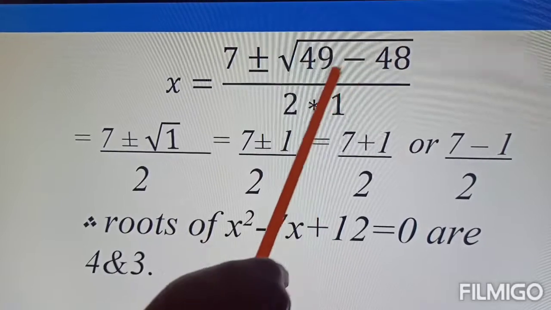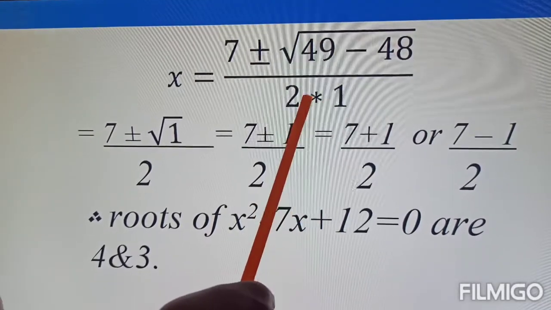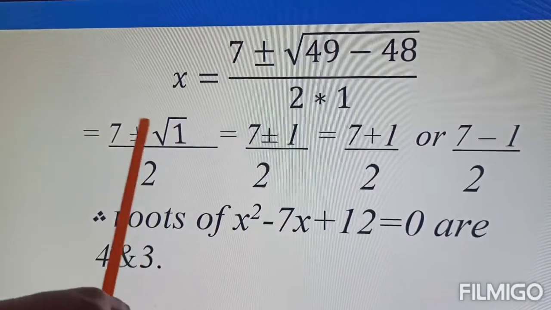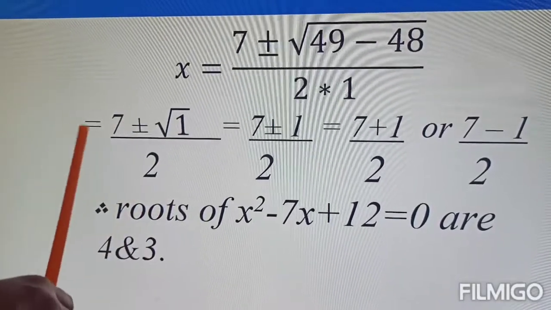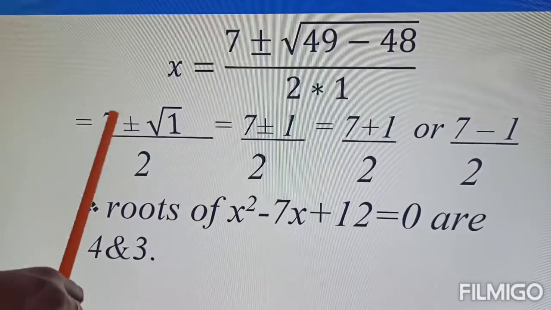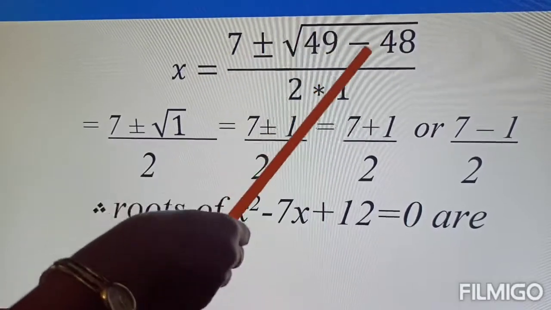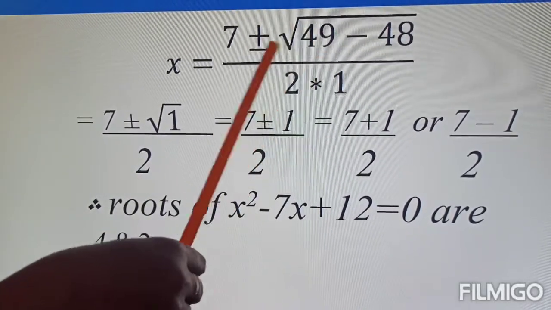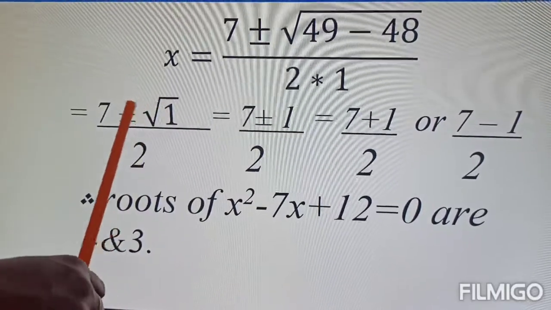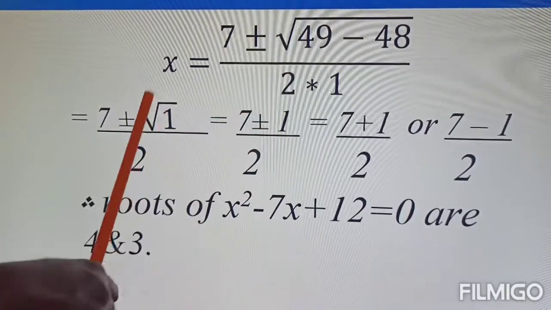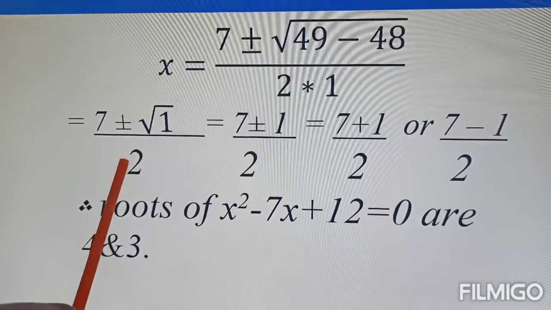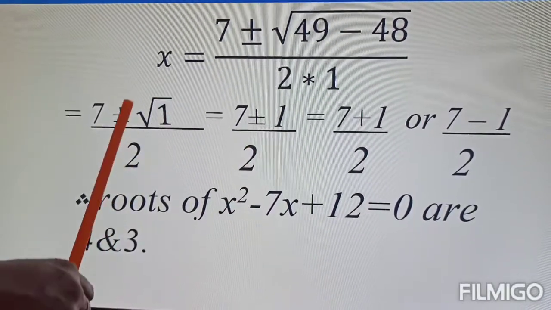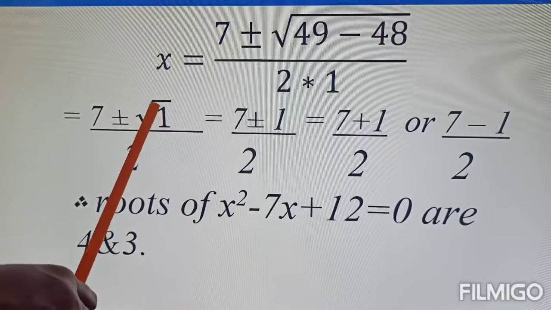In the denominator, 2 into 1, 2. Okay, see here. 7 will be as it is. Up to the last term, this is as it is. Nothing we did. Only inside the root, the numbers under the root, that we have to simplify. By simplifying, the whole root we got is root 1 divided by 2. Then root 1. 1 is a square number.